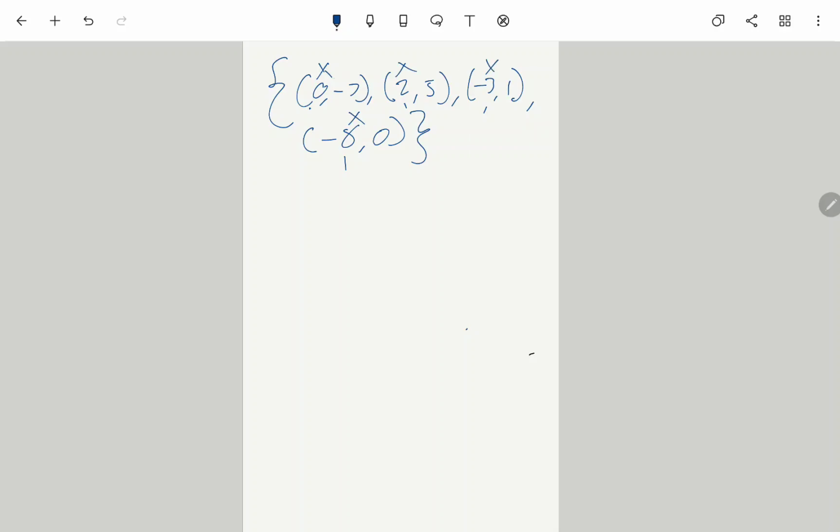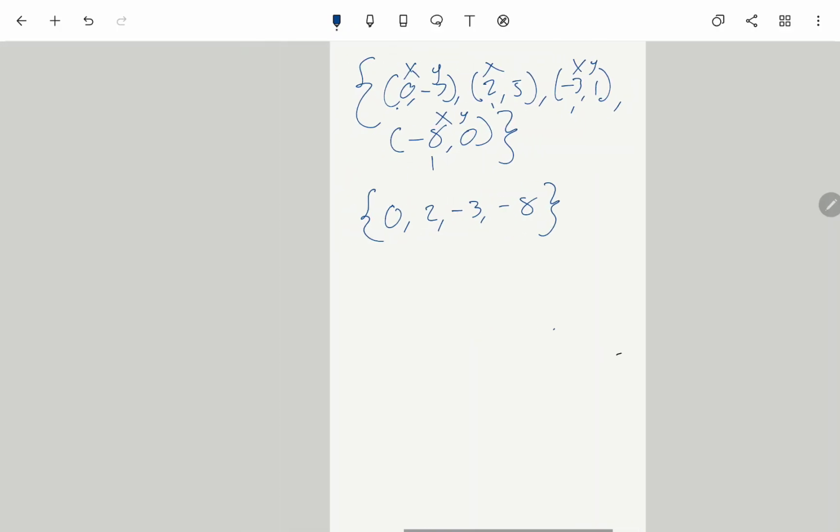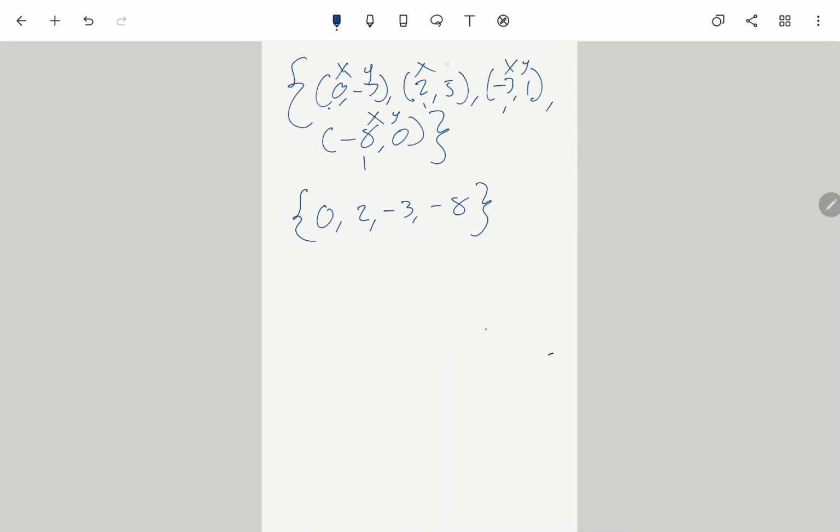That means your domain. So rewrite the domain: 0, 2, -3, -8. And your second numbers are your y numbers. That one is your range.